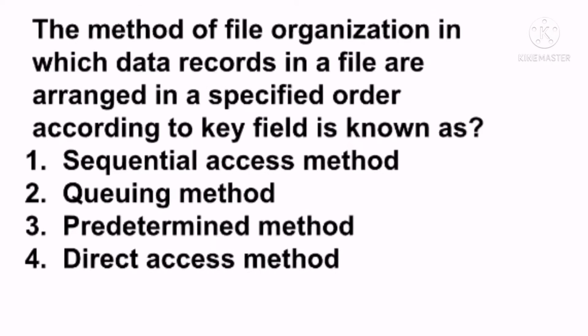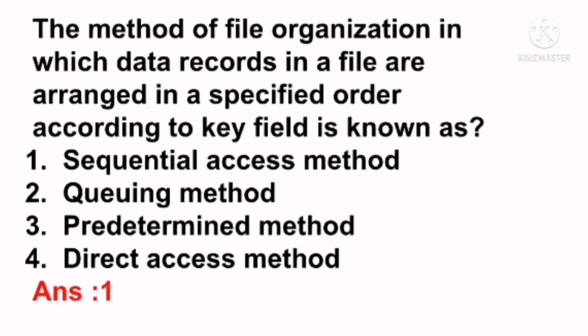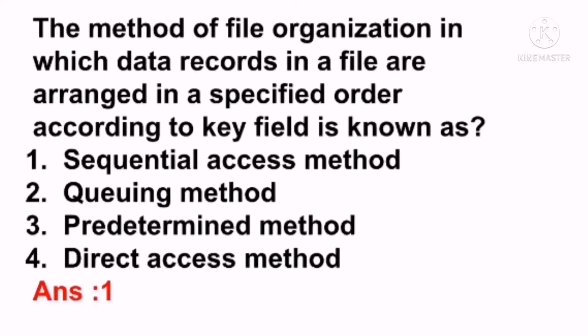So the correct answer is option 1, sequential access method. In sequential access method, file organization is in such a way that the data records in a file are arranged in a specified order.